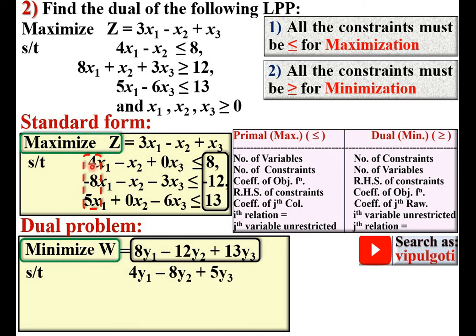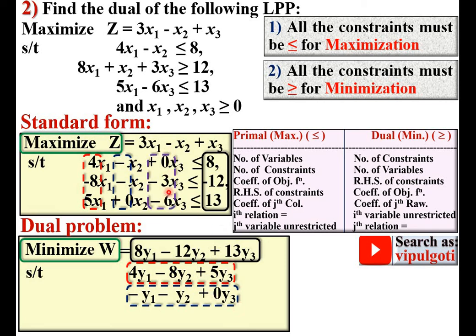So here you can see 4y1 minus 8y2 plus 5y3. Similarly, the second column must be the second row in the dual problem. So here you can see minus 1 and 0. Next, third column, and in the dual problem it must be the third row. So 0, minus 3, minus 6.